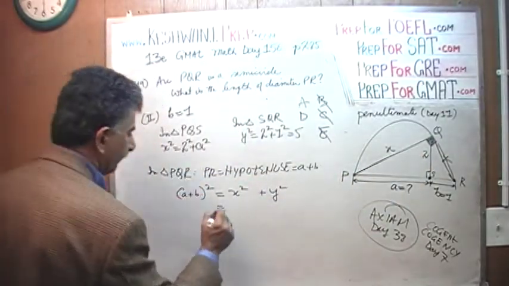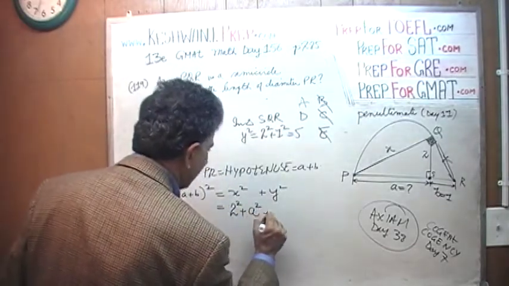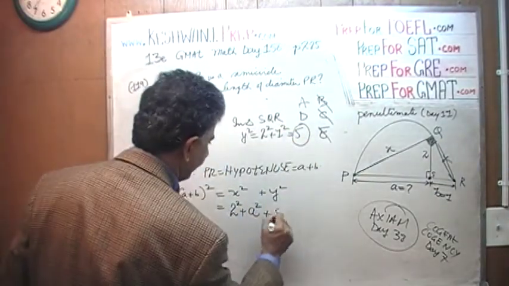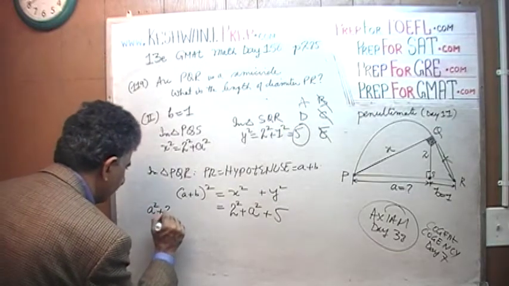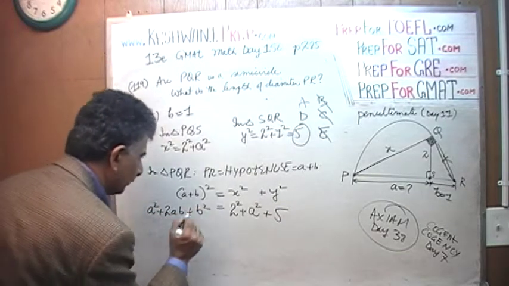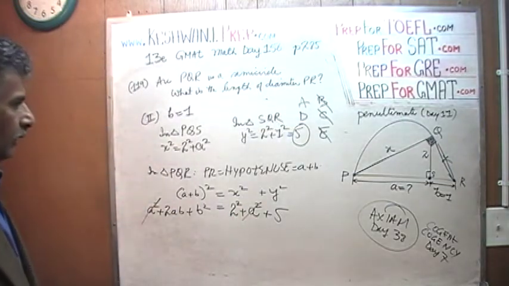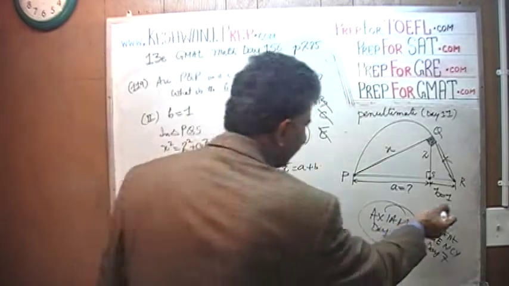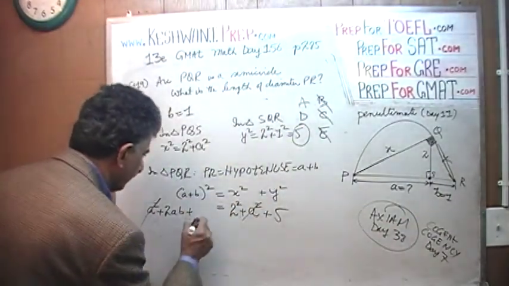X squared we know is 2 squared plus a squared. Y squared we know is 5. And therefore, if we open the parentheses here, we get a squared plus 2ab plus b squared, and a squared is going to drop out. And b we know is 1. I did this last time also. B is 1, so b squared is just 1 squared.